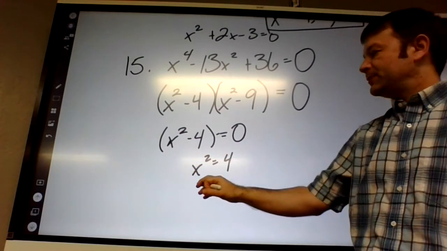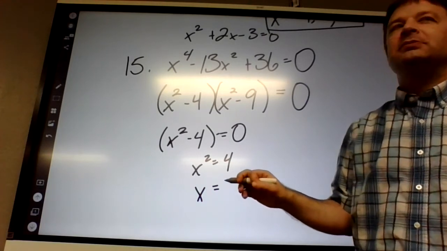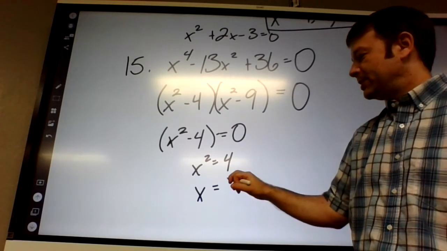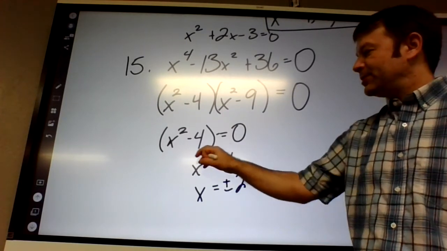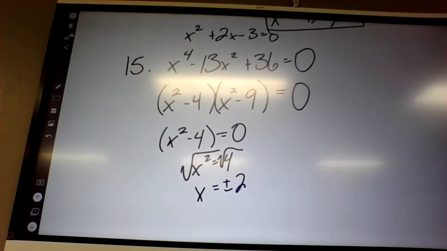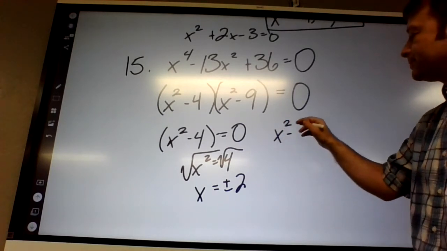If x squared equals 4, what does x equal? Plus or minus 2, right? You guys remember that trick? Half of you got it wrong on that test. Whenever you use the square root, you have to use a plus or minus, because negative 2 squared would also work here. And same thing with the x squared minus 9.